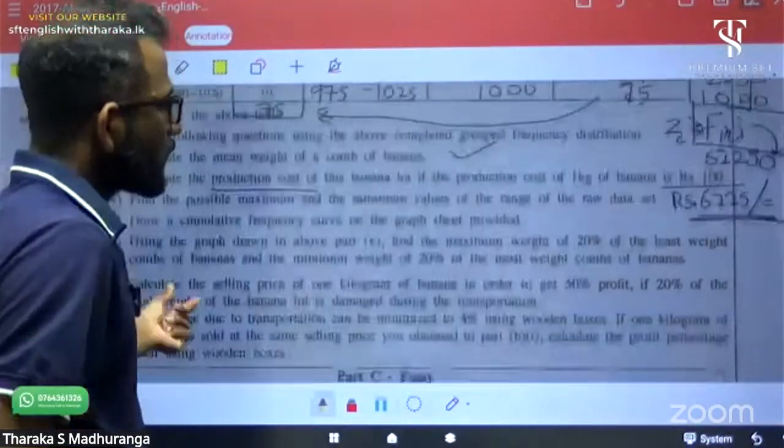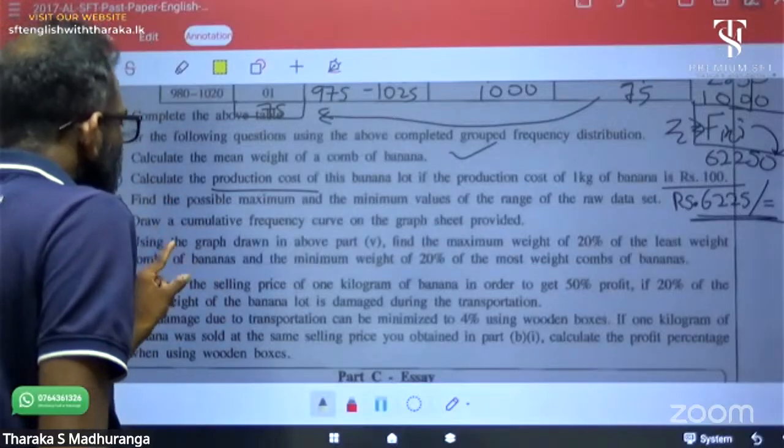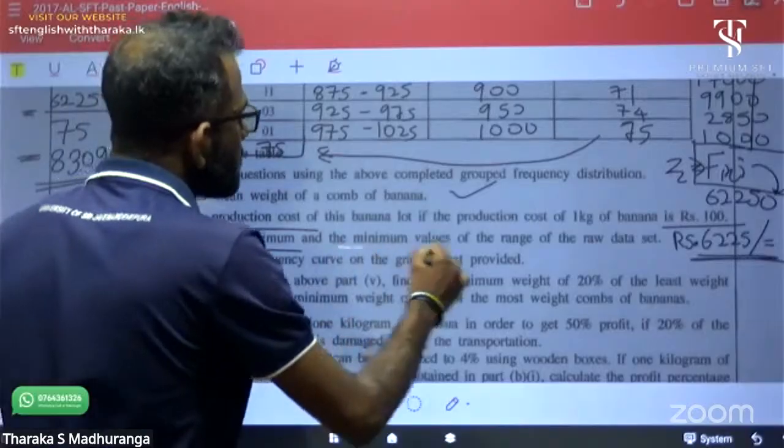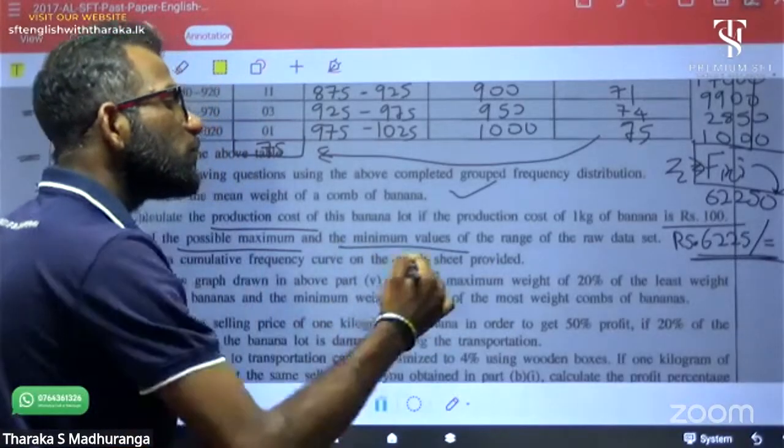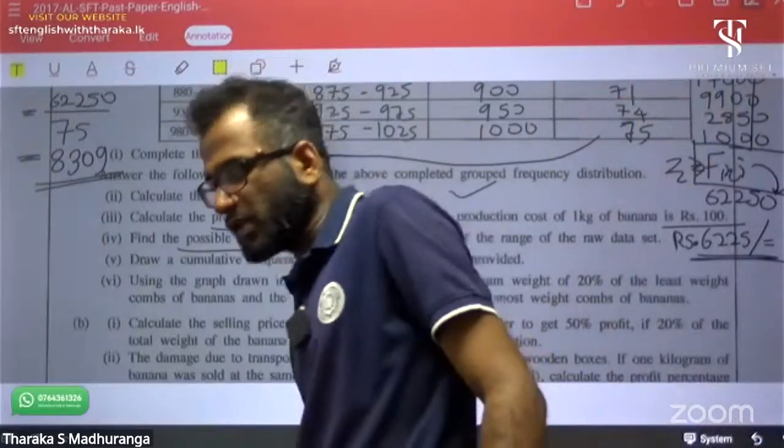Okay, now let's look at the next one. Find the possible maximum and minimum value of the raw data set. Do you remember the maximum possible range and minimum possible range? Okay, what are the values?